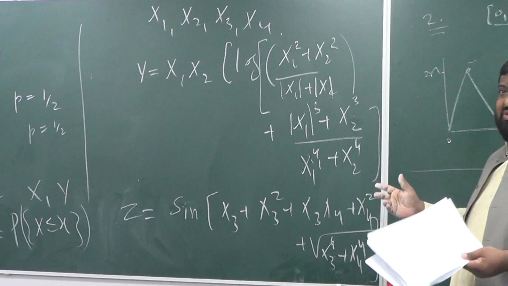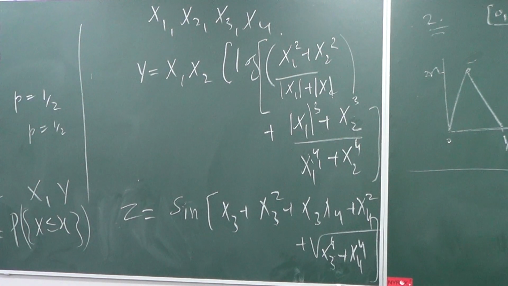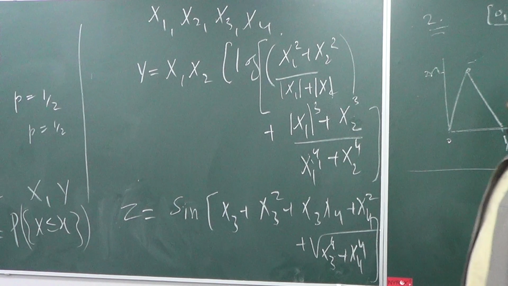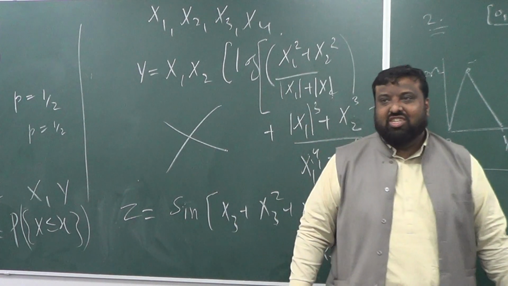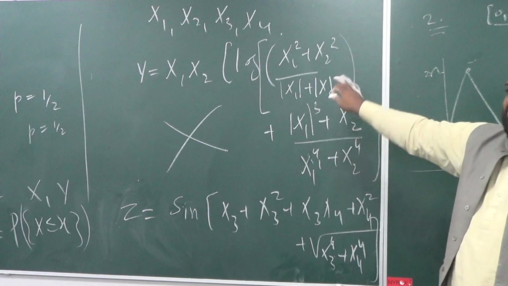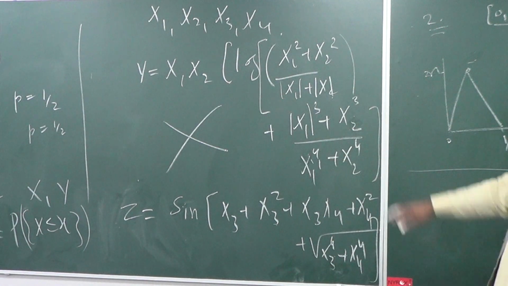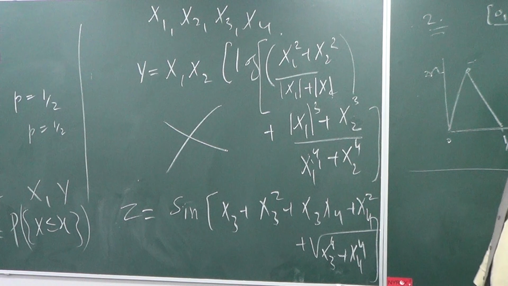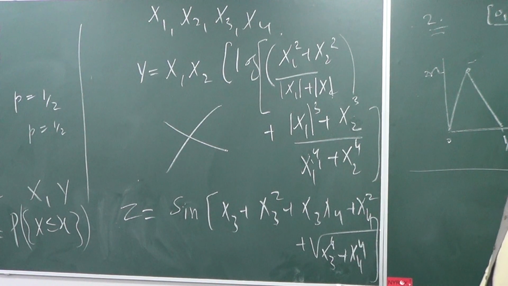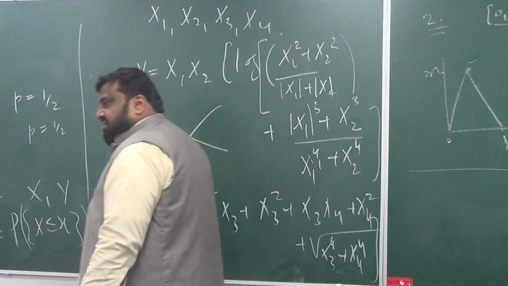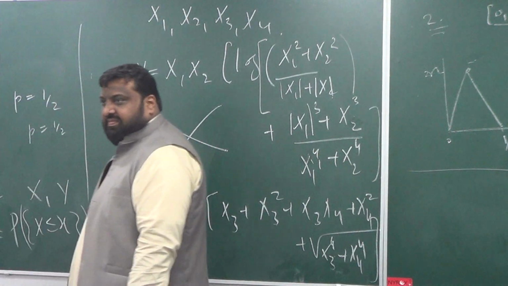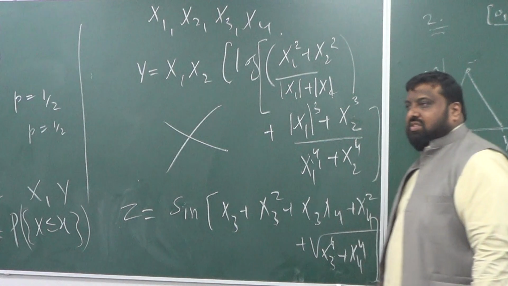This is something pretty good actually. So it just makes your life easy. No matter what you have, depending on x1, x2, x3, x4, I can check its independence without even indulging in such calculations. Okay? So it makes your life easy.